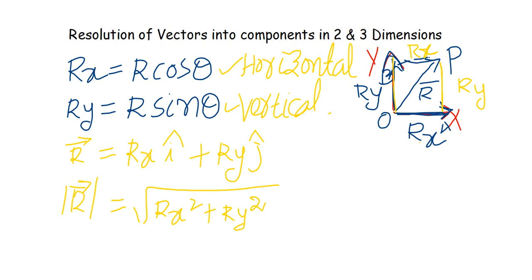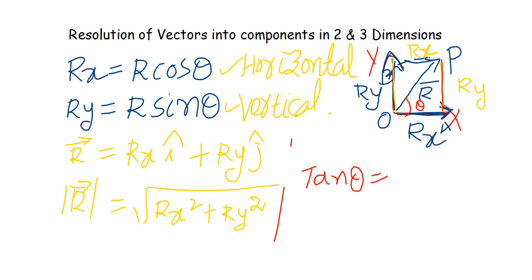Next one is the point vector r bar makes an angle theta with the x-axis. So tan theta is equal to opposite side by adjacent side.